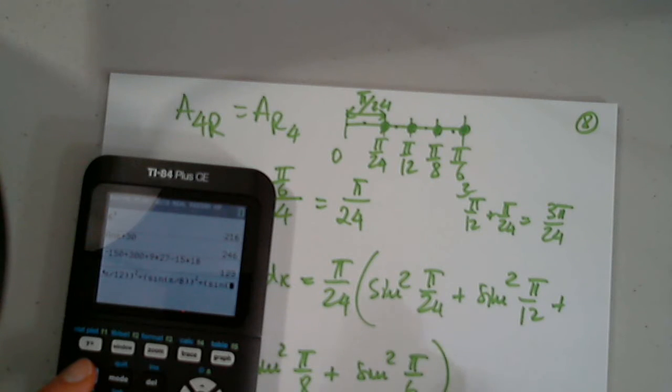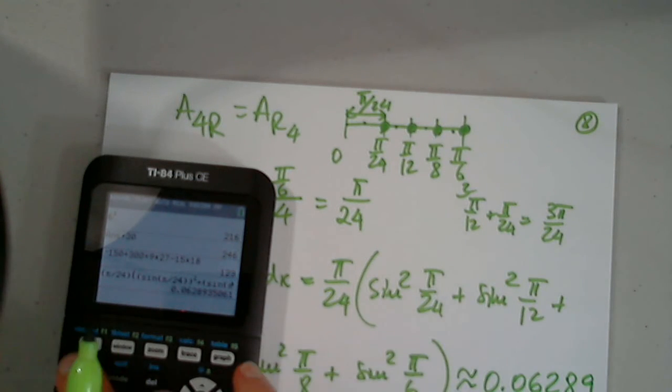I don't need that, I know it's 1/2, squared is 1/4. Anyway, I wrote it now. So, pi divided by 6, close, squared, close the parenthesis, done. Approximately 0.06289.